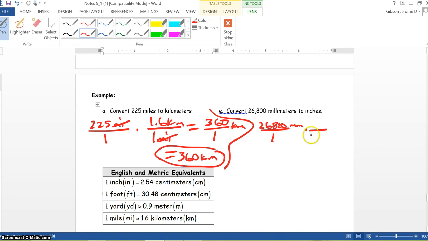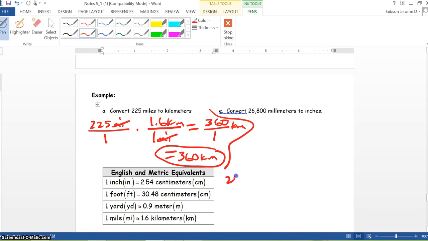So it takes 10 millimeters to equal 1 centimeter. That was stated early on in this exercise. And then now we need to get rid of centimeters and change it to inches. It takes 2.54 centimeters. It looks like I'm not going to have enough room. So let me rewrite this.